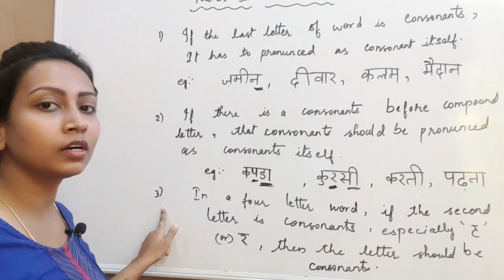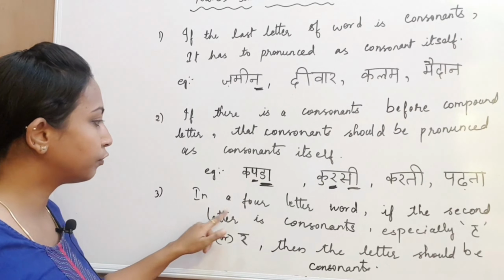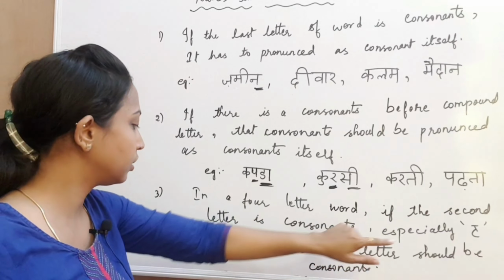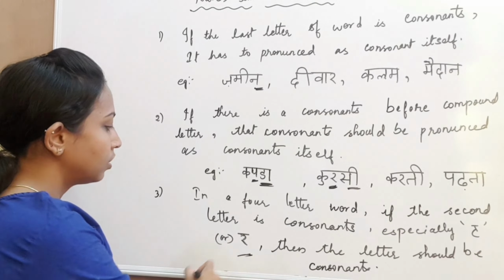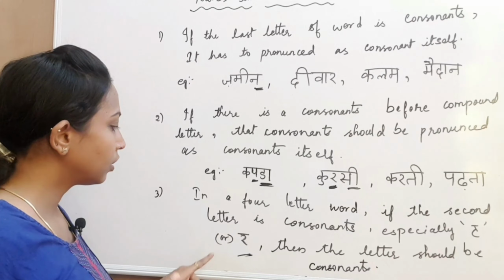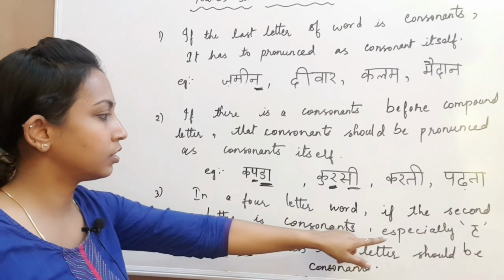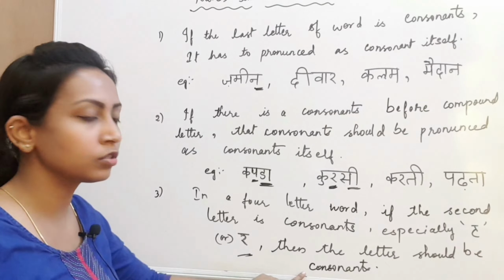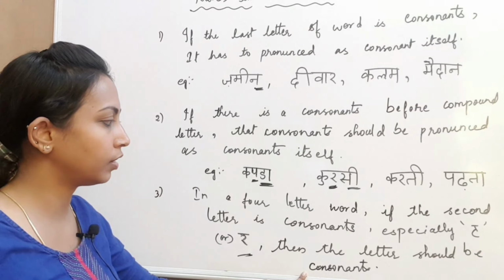The third rule is, in a four-letter word, if the second letter is a consonant, especially ta and ra, then the letter should be pronounced as a consonant itself.